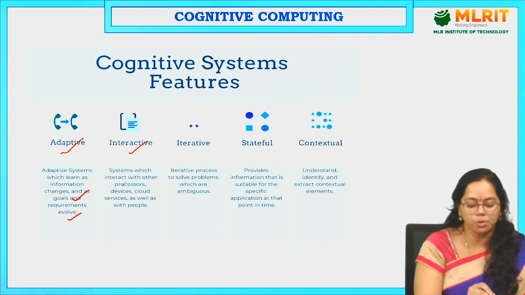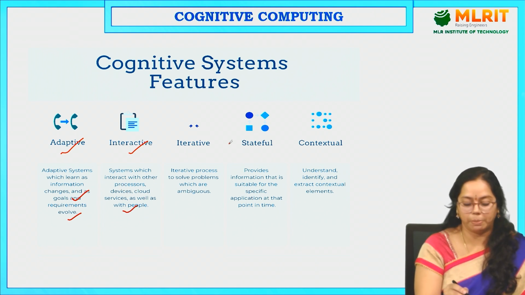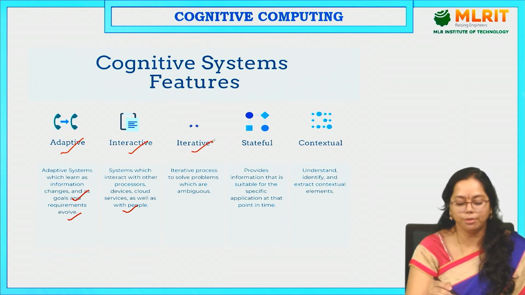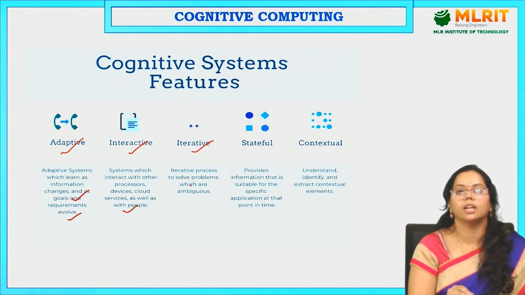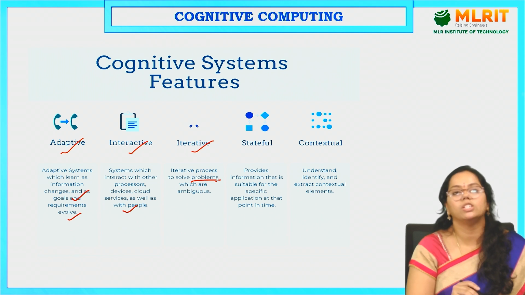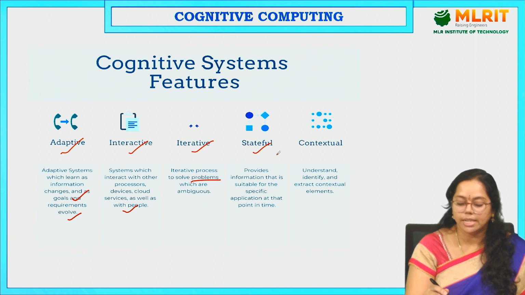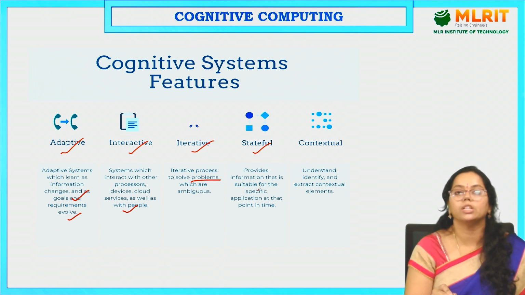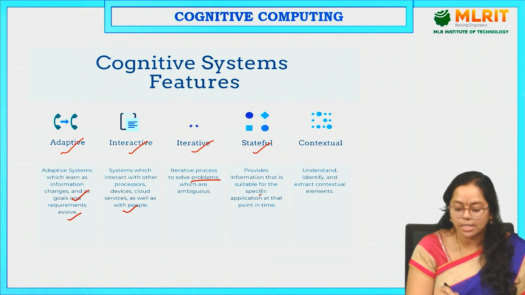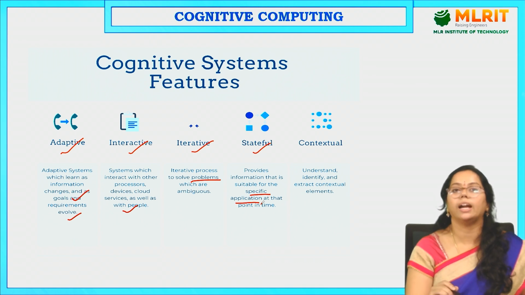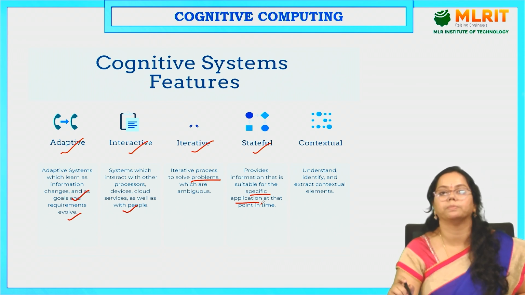Here the systems interact with processes, devices, cloud services, as well as with people. The other is iterative. Iterative processes are generally used to solve problems which are ambiguous. The other feature is stateful. This tells that it provides information that is suitable for a specific application at that point in time.